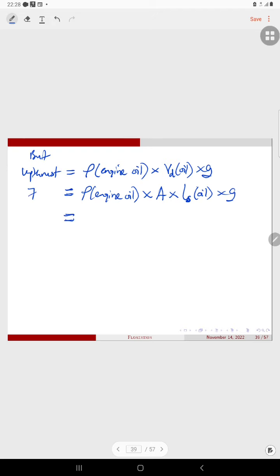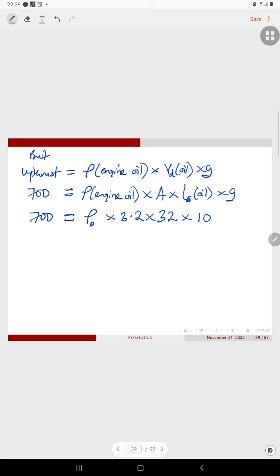So this is 700. This will help us get the density rho O of the oil. Let me use a symbol for that to make my calculation simple. The cross-sectional area is 3.2, the length of the submerged part is 32 according to the question, and we know g to be 10.